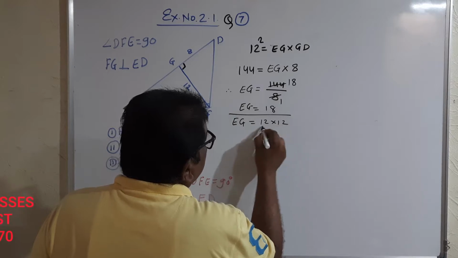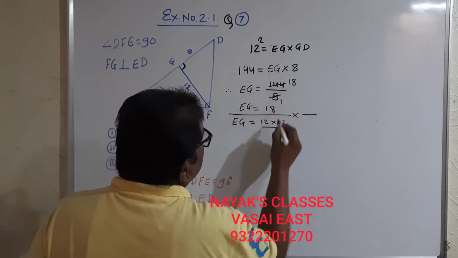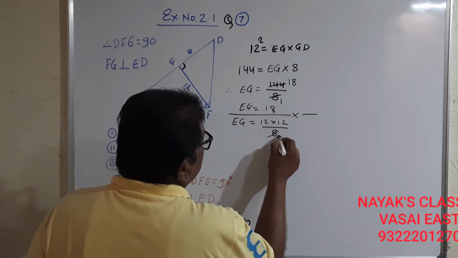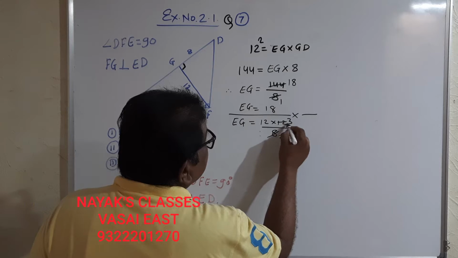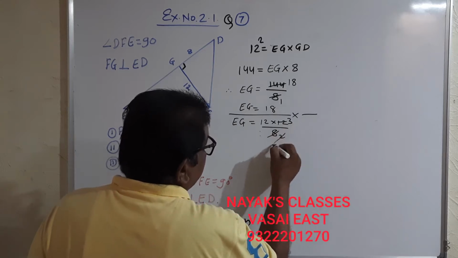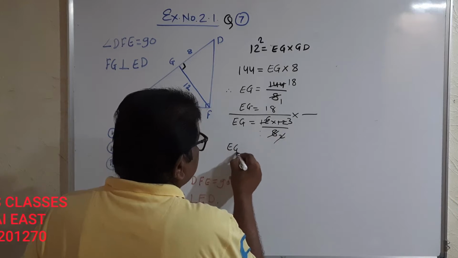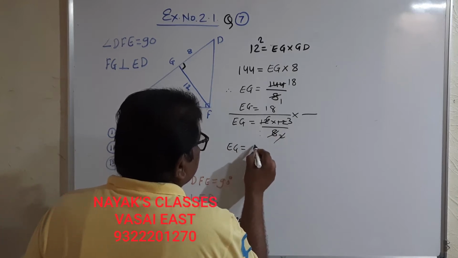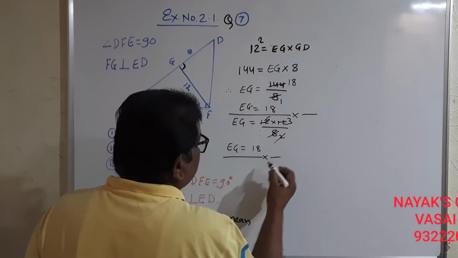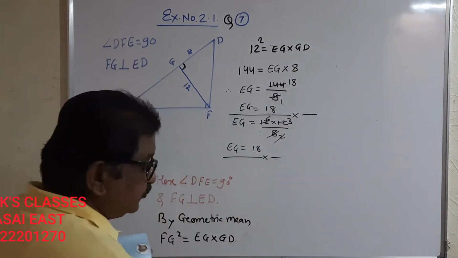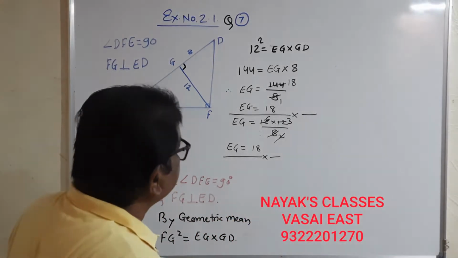If you don't want to do this, EG is equal to 12 into 12 upon 8. 4 2s are 8, 4 3s are 12, so 12 by 4 is 3 and 8 by 4 is 2. So EG is equal to 6 3s are 18. Any one method you can use for calculation, the answer will be same.